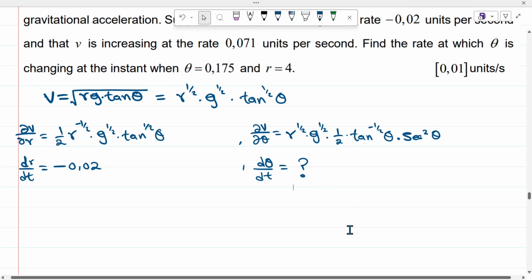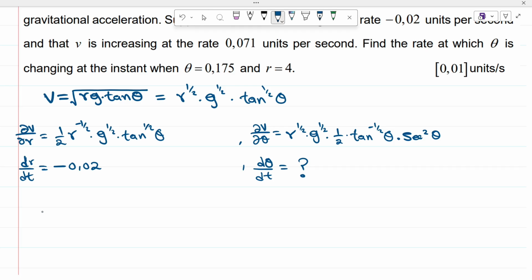Now let's just substitute everything, but first let's write the formula for the rate at which volume changes with time.